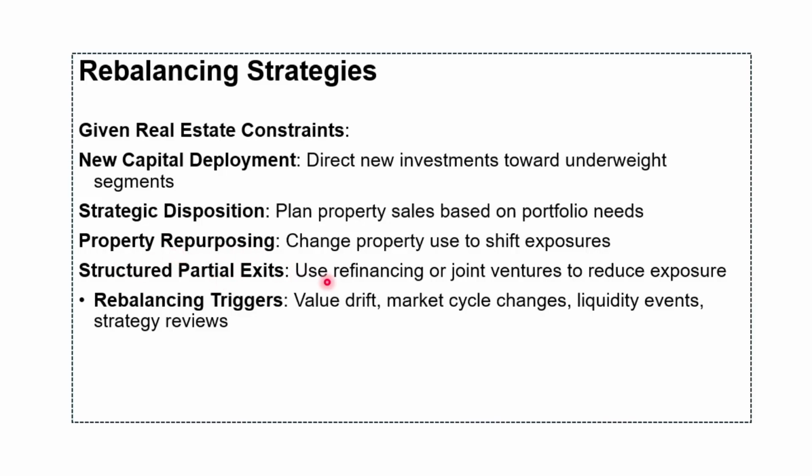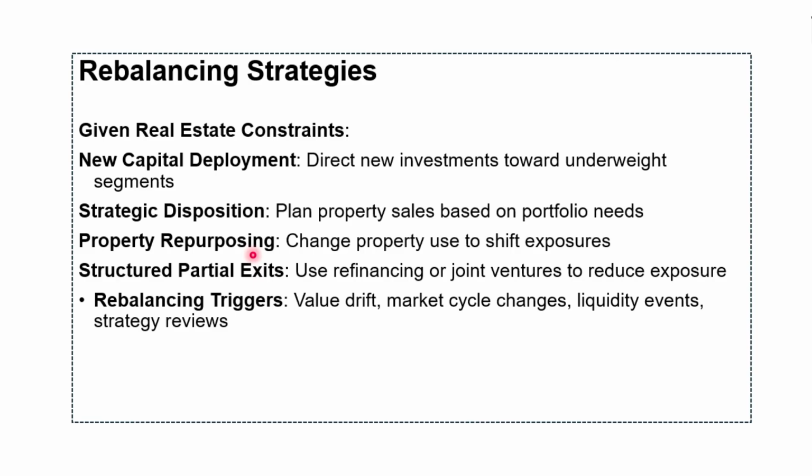Then structured partial exits, so use refinancing or joint venture to reduce exposure. You can partially sell your stake to reduce without full property sale. So you might sell a 50% stake to a partner, maintaining the management control while reducing the capital exposure.